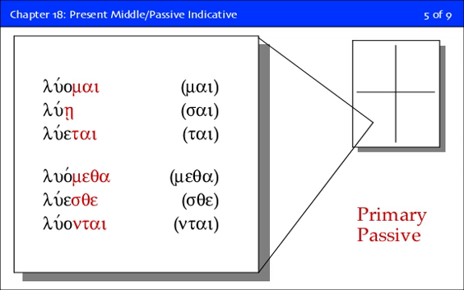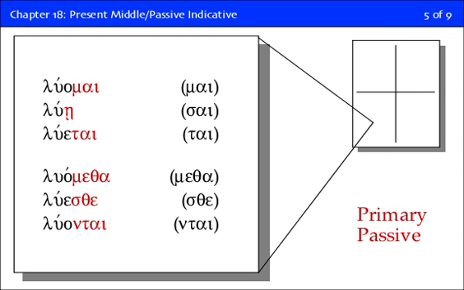And unlike the active, in the passive, you generally see the true personal endings except in the second person singular. So the true endings are mai, sai, tai, metha, sthe, ntai. And then when you stick them onto a verb with a connecting vowel, you have luomai, lue, luetai, luometha, luesthe, and luontai.